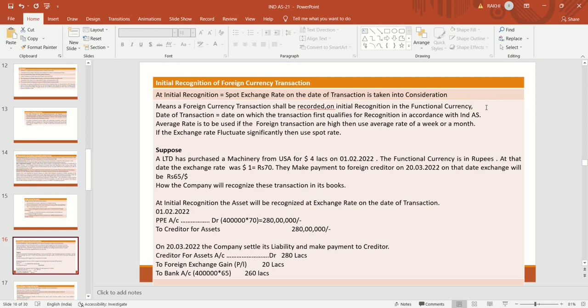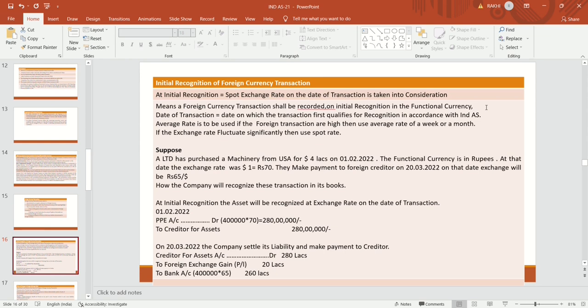That is, on 1st February 2022, they will debit the property plant account $4 lakhs into rupees 70 per dollar, that is 280 lakhs, to the creditors for asset, because they had not paid for that. They will book it to the creditors account.